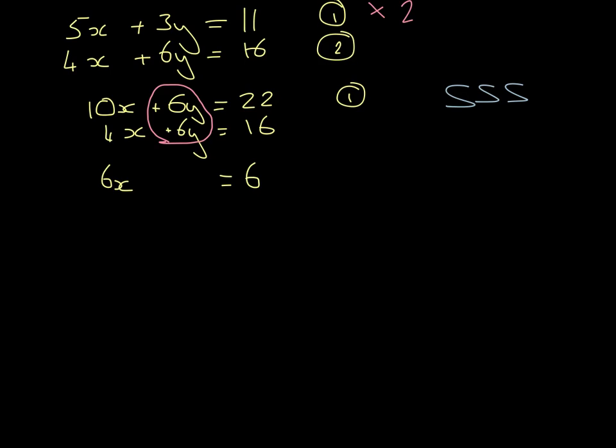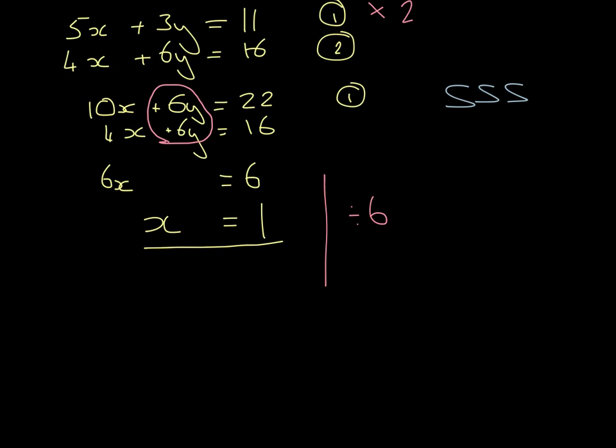If 6x equals 6, then we can divide each part by 6, which will mean x will therefore equal 1. And that gives our value of x. We substitute that back in.